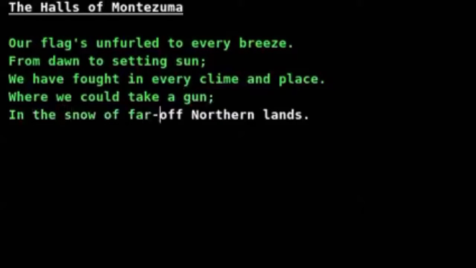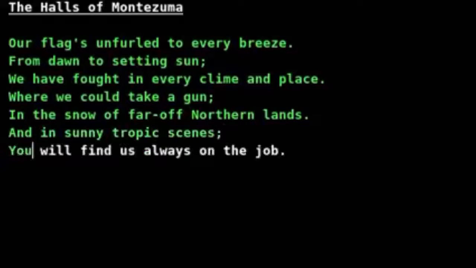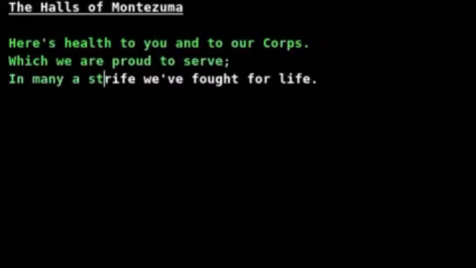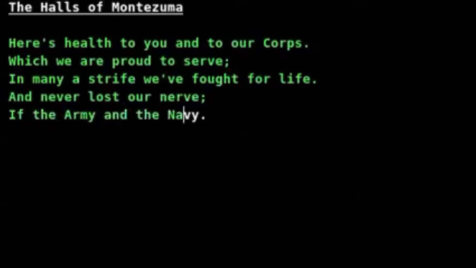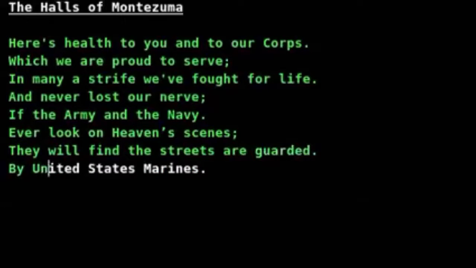In the snow of far-off northern lands and in sunny tropic seas, you will find us always on the job, the United States Marine. Here's health to you and to our corps, which we are proud to serve. In many a strife we fought for life and never lost our nerve. If the Army and the Navy ever look on heaven's seas, they will find the streets are guarded by United States Marines.